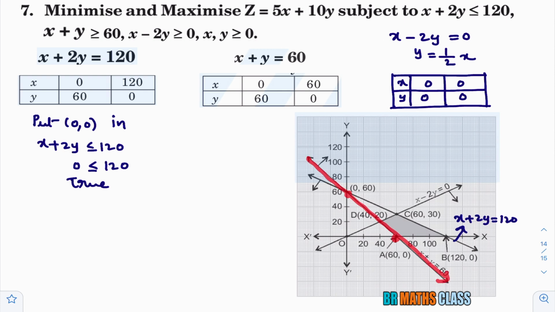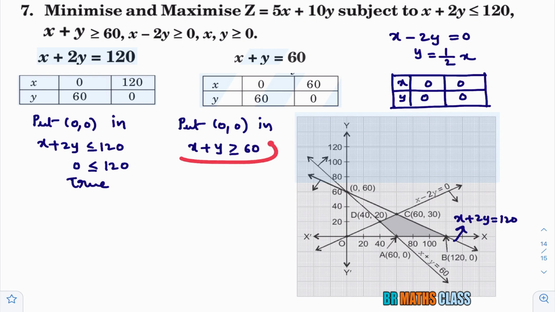For this line, to graph this inequality, the origin side and non-origin side are there. So what I will do, I'll put (0, 0) in this inequality. In place of x you write 0, in place of y you write 0. What did you get? You got that 0 is greater than or equal to 60.